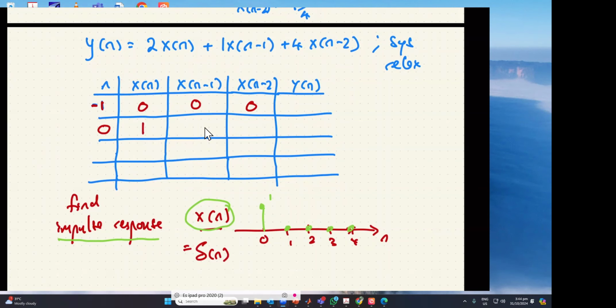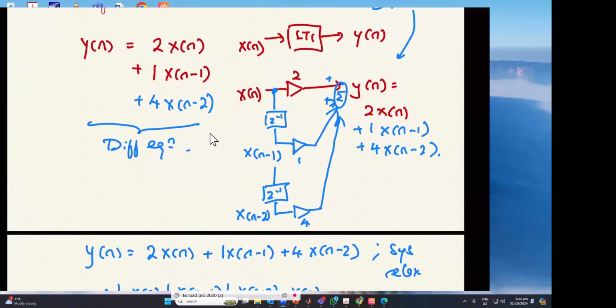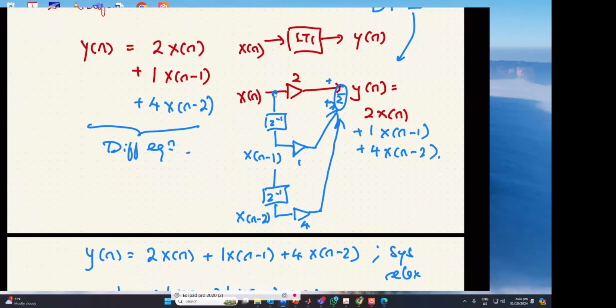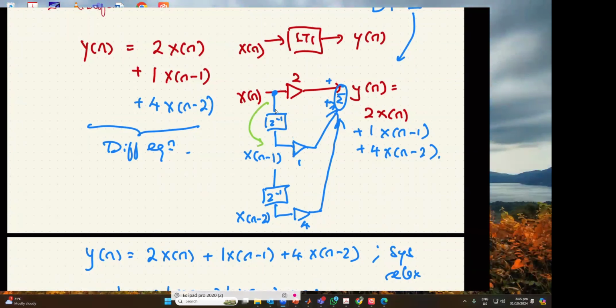What is xn minus 1? What is the value of xn minus 1? Let's look at the figure. Xn was originally here. As time progressed, it will move down. So xn minus 1 came from xn, and xn minus 2 came from xn minus 1.